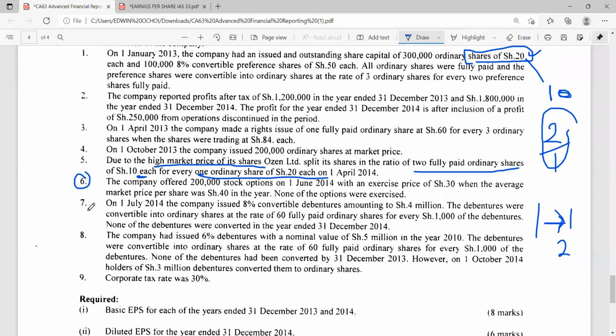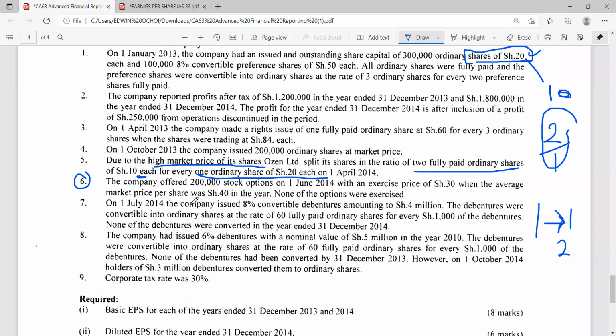But these convertible securities, you can only use them under basic EPS if they are specifically converted to ordinary shares. Because for the basic EPS, under the weighted average number of ordinary shares, we weigh ordinary shares, not convertible securities, not the ones which have not been converted. For us to use the convertible, they have to be converted.